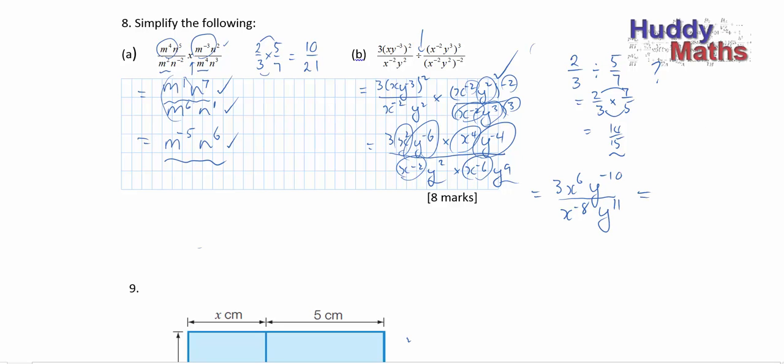Okay, a lot of work in this one, that's why this one's worth 5 marks. So let's do the division now. It's 3, and here x to the 6 divided by x to the 8th. 6 take -8. 6 plus 8 is 14.